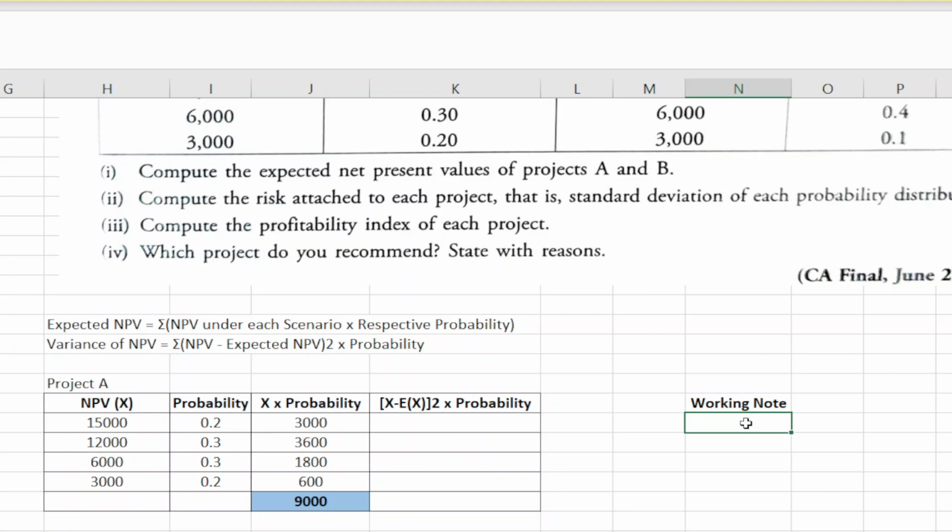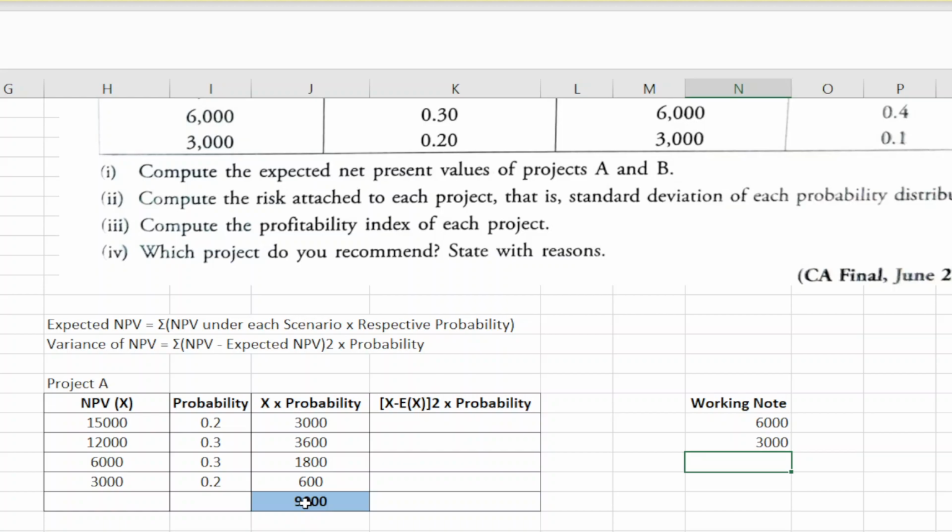That is NPV minus expected NPV is equal to, NPV is how much? 15,000 minus expected NPV 9,000 is equal to 6,000. Then like that, 12,000 minus expected NPV 9,000.